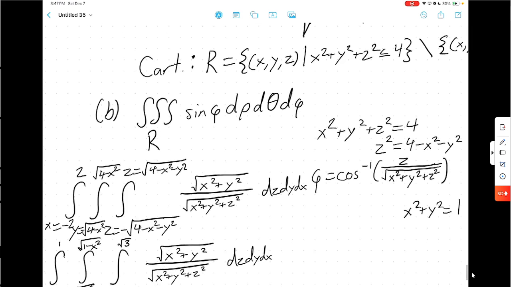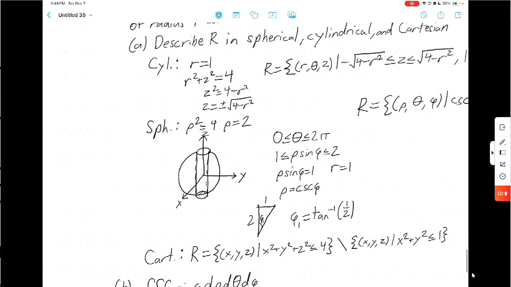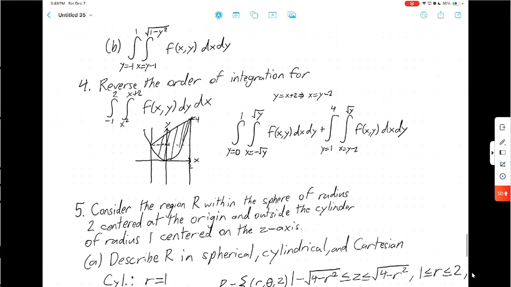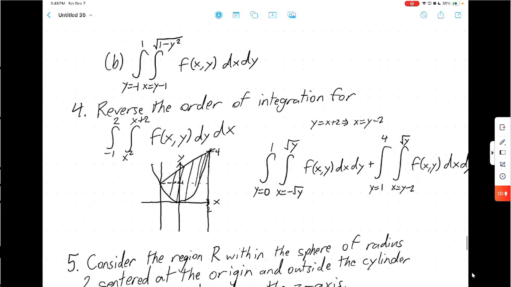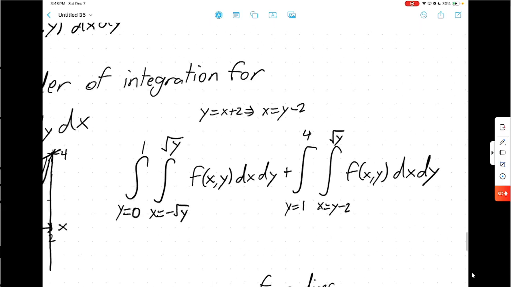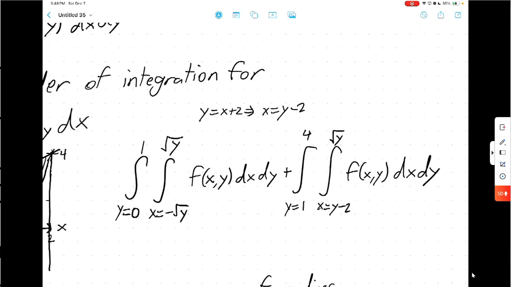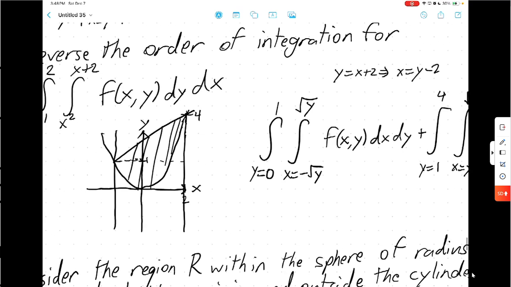Alright, let me just see. Can I see the answer for 4 one last time? Okay, so here was the answer for 4. It's essentially two separate integrals. The first one goes from negative root y to root y.